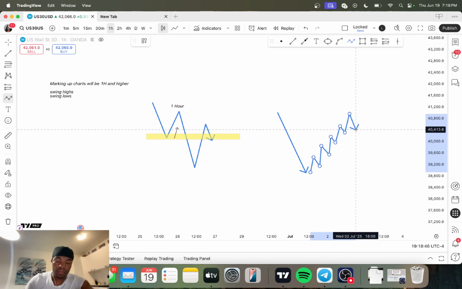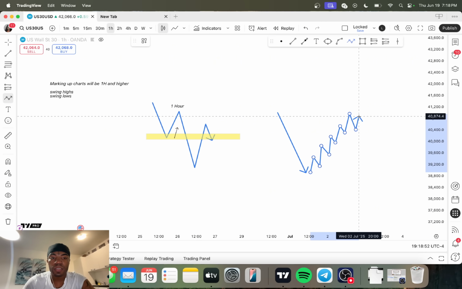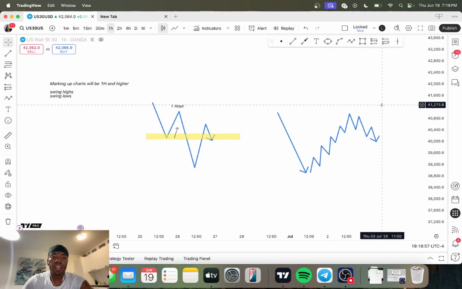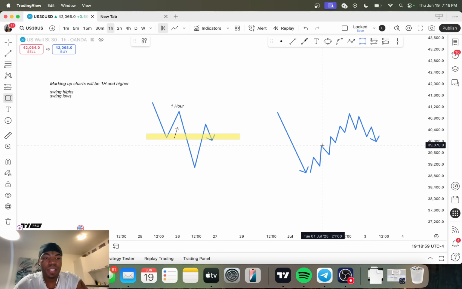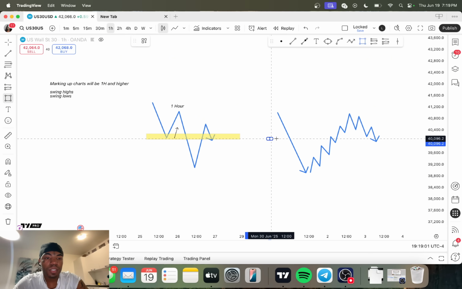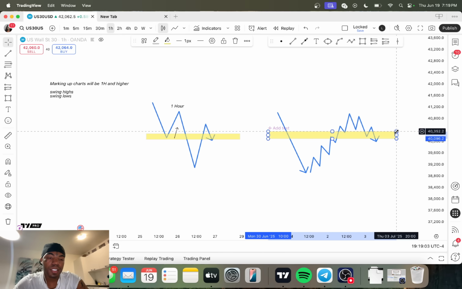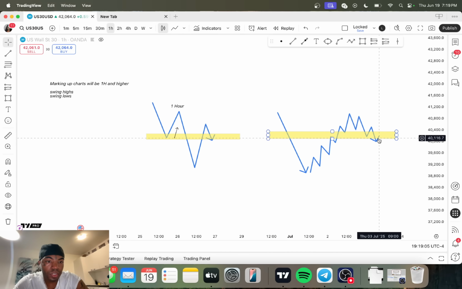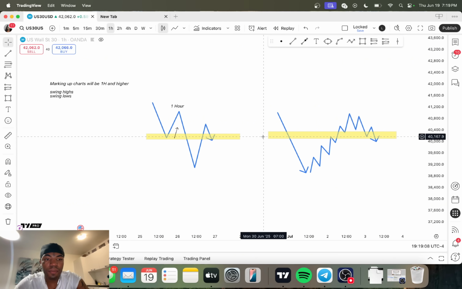And then what you want to see on the 15-minute or even the 5-minute is price fail to go higher. Once it fails to go higher, you want to start seeing it break those support levels that it had. By this time, you should already see price well below this price level. So we're just going to draw it in the same area. You're going to start seeing price go well below that level that you're looking to sell price under.